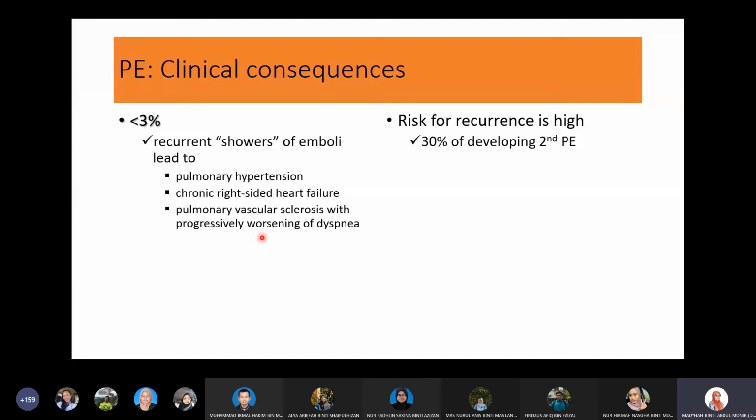The risk for recurrence of pulmonary embolism is high, whereby 30% of patients who have the first episode of pulmonary embolism will develop a second episode.